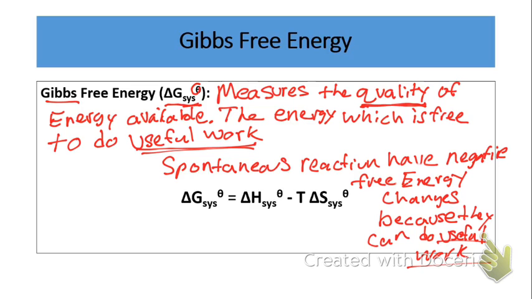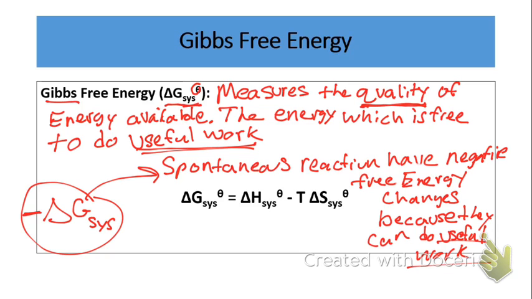All right, and that is the key. When you get a negative delta G value, when delta G of our system is negative, we'll get a spontaneous reaction that will occur because the increase in entropy of the universe gives us free energy, energy that is quality to be used to do work, useful things. And that is the whole key here. We need to get that useful energy to do work, to drive processes that are non-spontaneous.